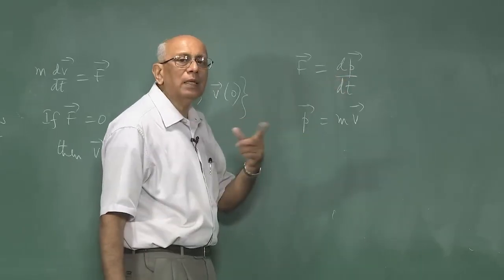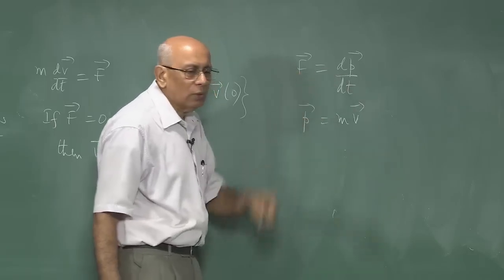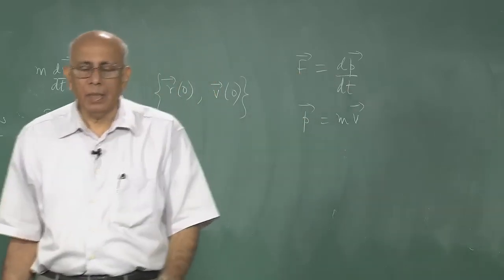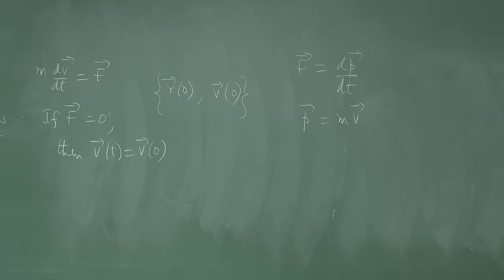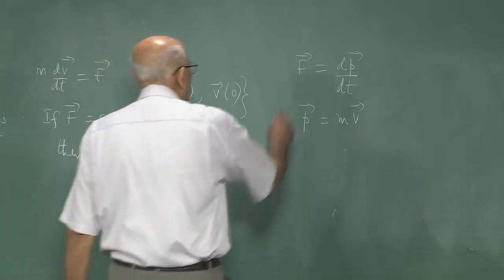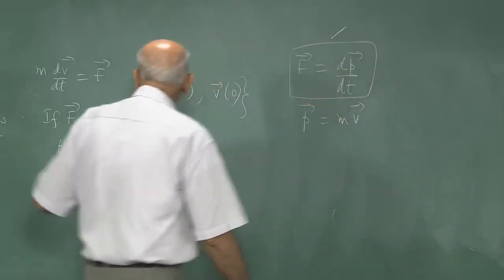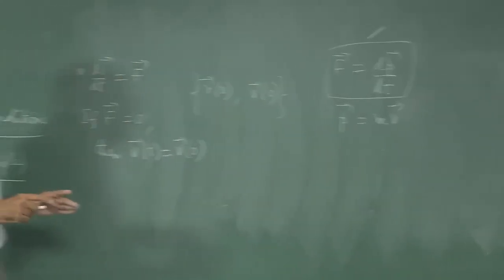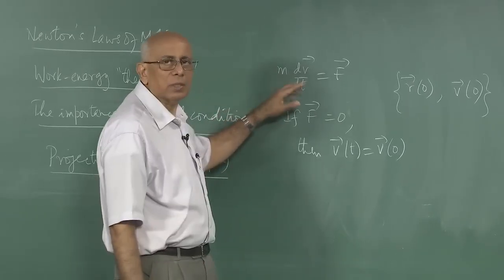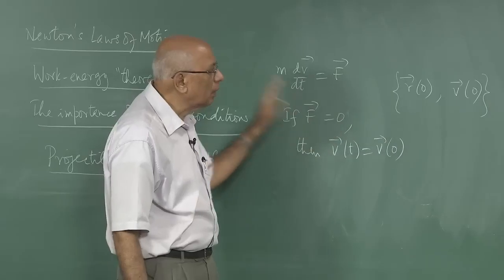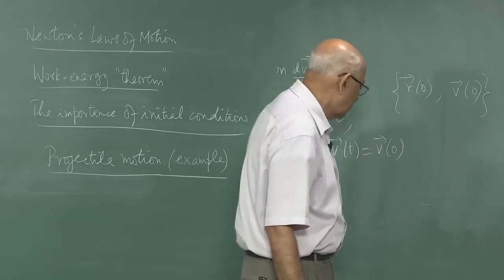So if you give me the instantaneous force on the rocket, I can tell you its rate of change of momentum, including the fact that its mass is changing as a function of time. So this is the right law here. We will keep this, and we will use this only in those cases where we are very sure that the physical situation is such that the mass is a constant and you are in the regime in which this law is applicable. We will be careful about that.